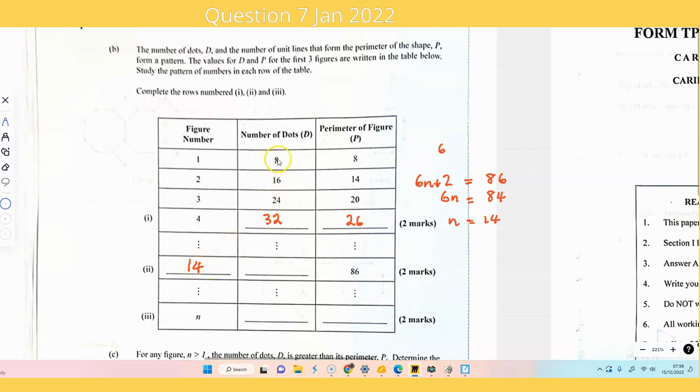Okay, so we know that this is the 8 times table. 8 times 1, 8 times 2, 8 times 3. So all we need to do is to multiply 8 times 14 to get the dots, which is 112. So for the nth term then, it's going to be 8n for this. And for the nth term for the perimeter, we already found it, which is 6n plus 2.